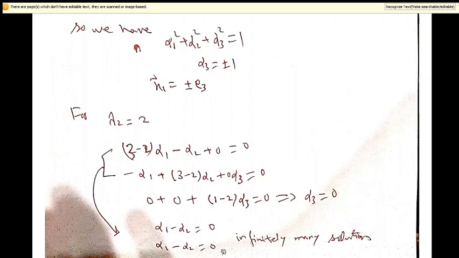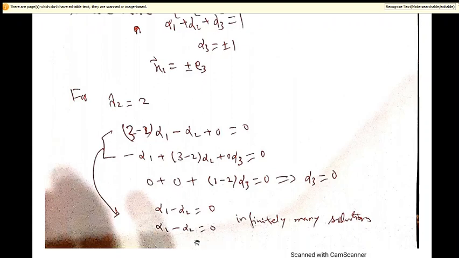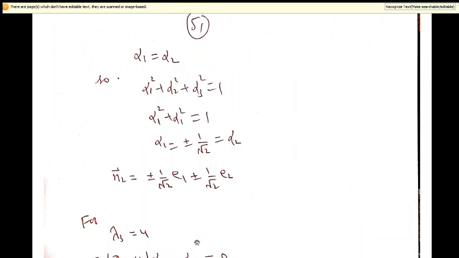This is a homogeneous system and its determinant is 0, so it will have infinitely many solutions. So we can write alpha 1 equals alpha 2.